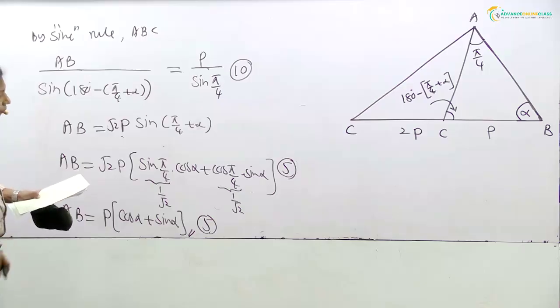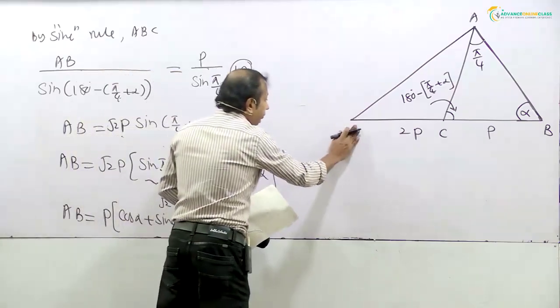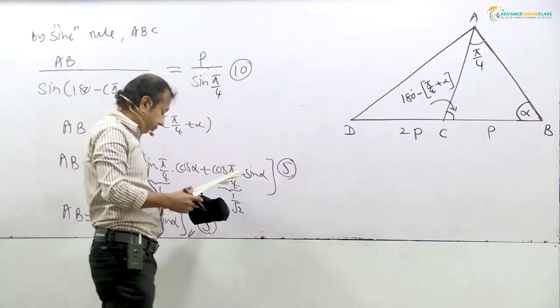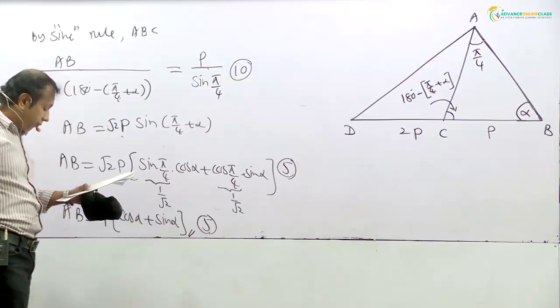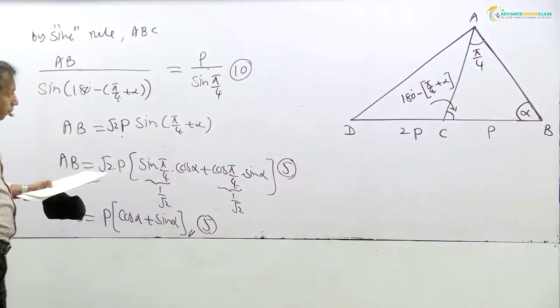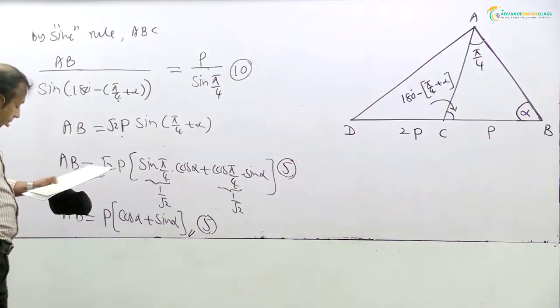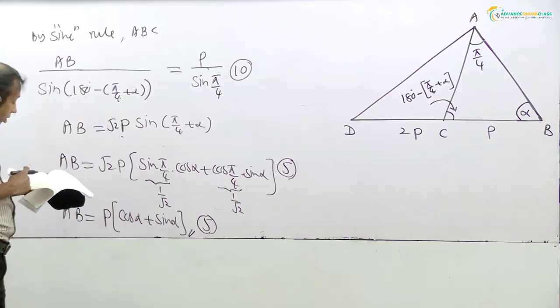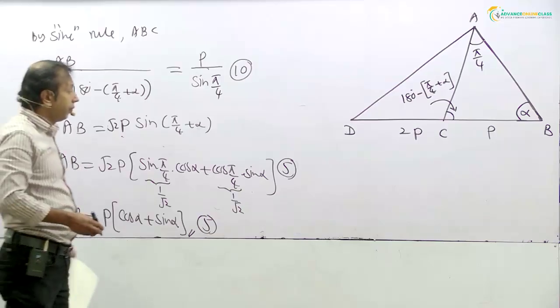Next one asking, here D, not C. Find AD squared.